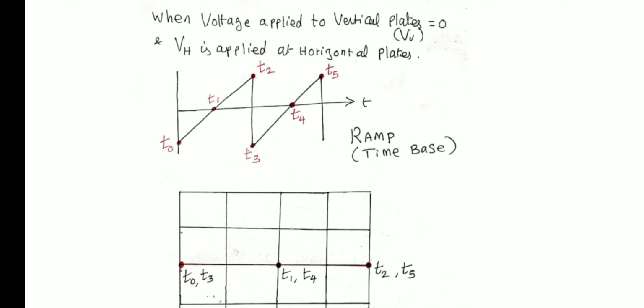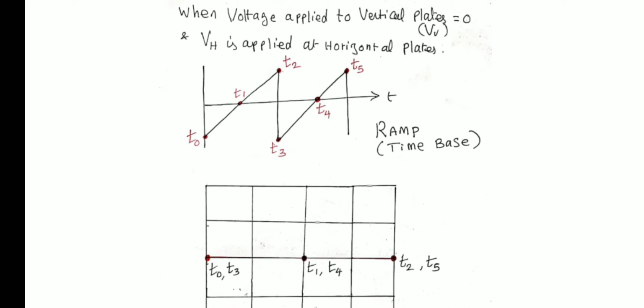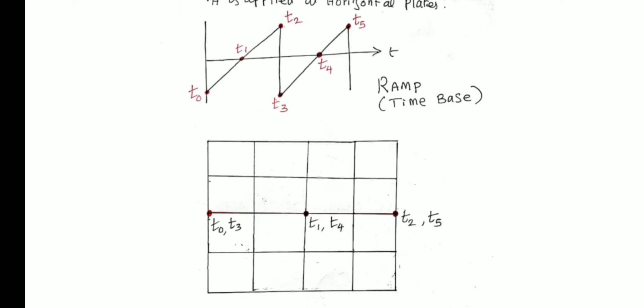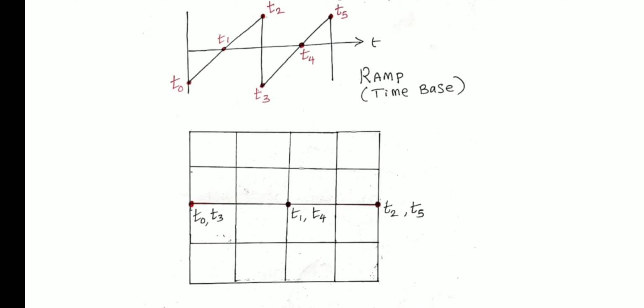So when you apply the ramp signal like this shown in figure to the horizontal deflection plates and no voltage is applied to the vertical deflection plates, on the screen it will appear as a straight line, a horizontal straight line. Now let us see how it works. Look at the ramp signal at time t0.